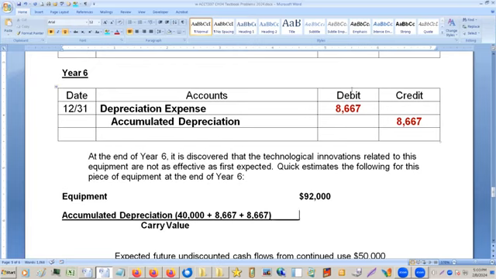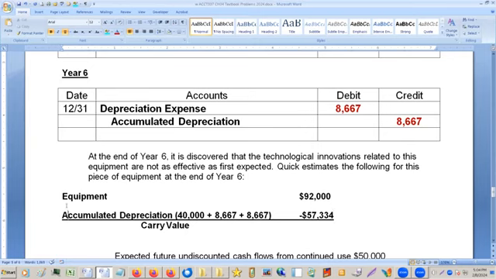Okay, so our new accumulated depreciation is 57,334.